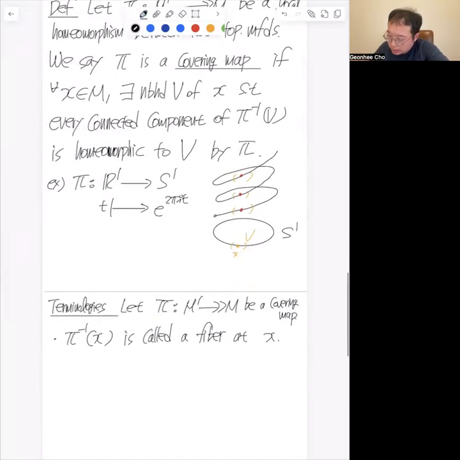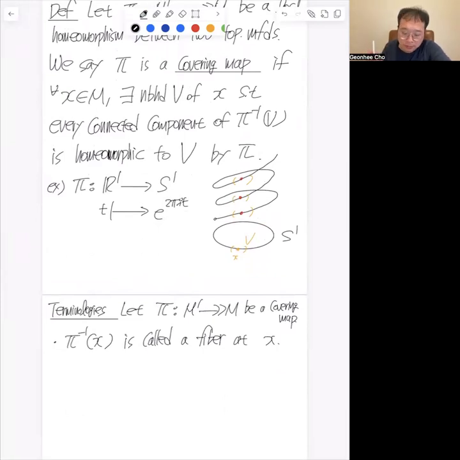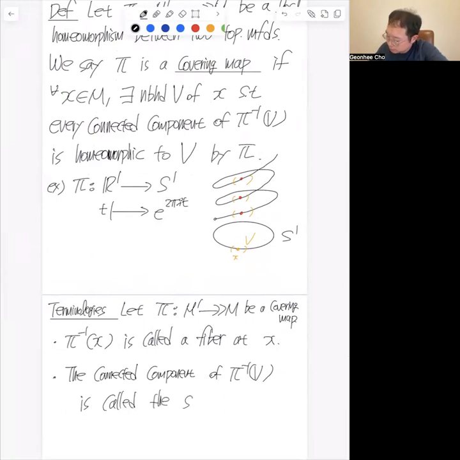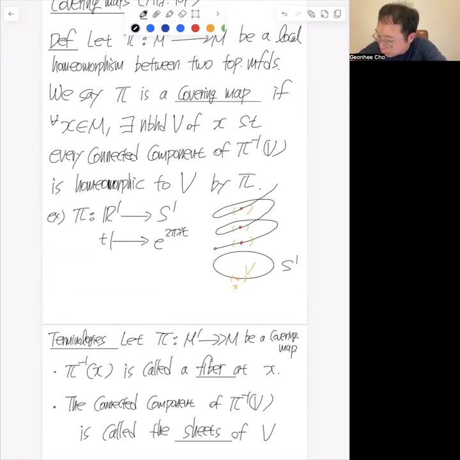Also, each connected component of the inverse image of V is called a sheet of V. Those terms are very important and used in many different places, including topology. You can see that this is the first sheet, this is the second sheet, the third sheet, and so on.